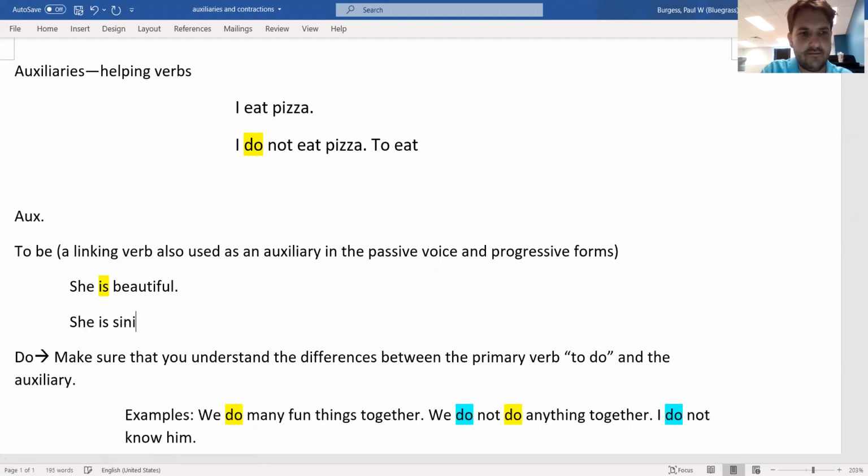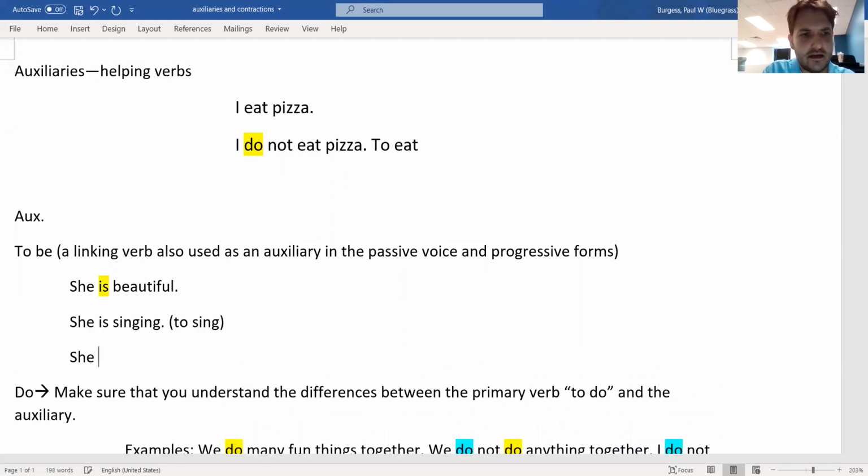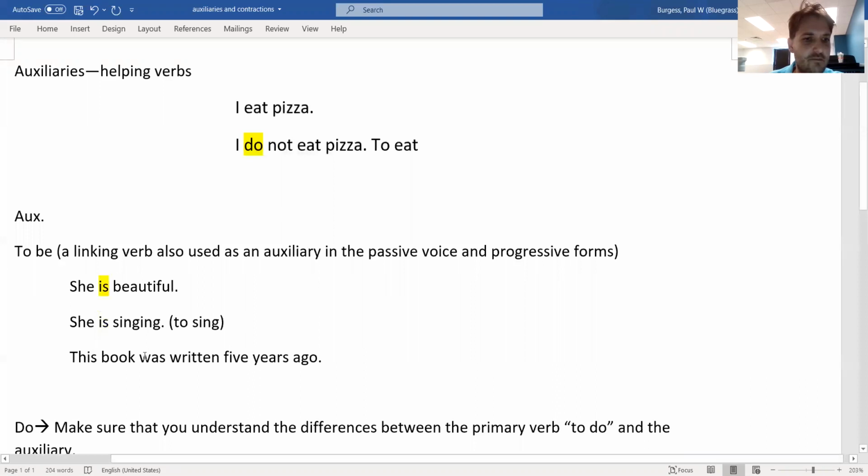She is singing, from the verb to sing. And this book was written 5 years ago. It's helping the verb to write.